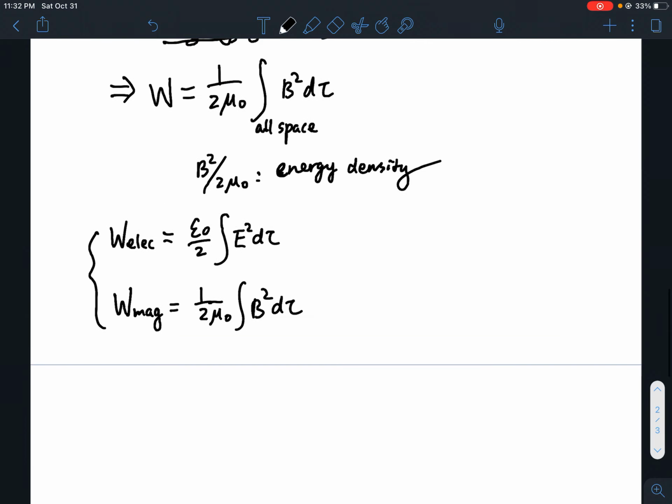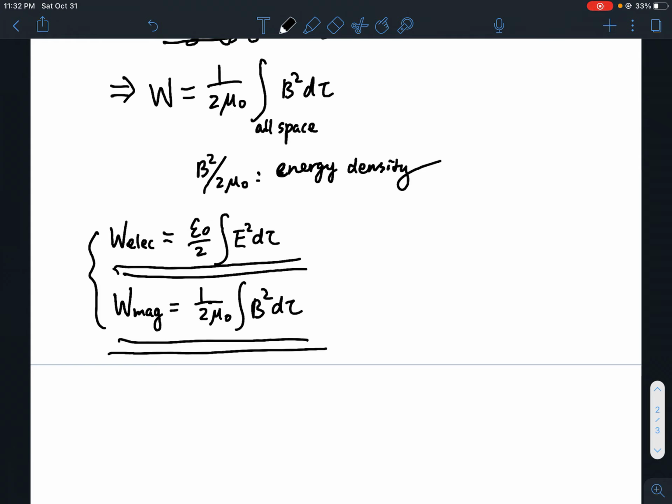Also you can see why we didn't discuss the amount of energy stored in the magnetic field before. When we talked about statics, we didn't discuss that, but we discussed the amount of energy stored in the electrostatic case.